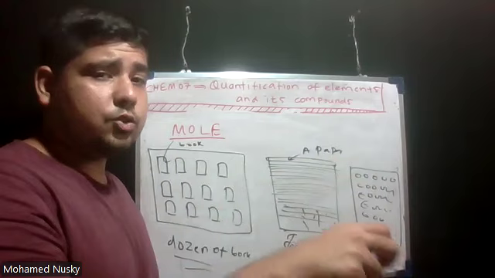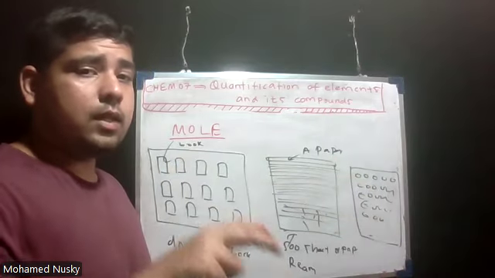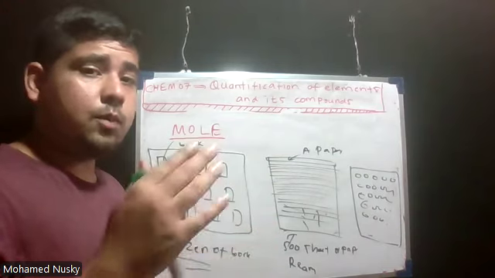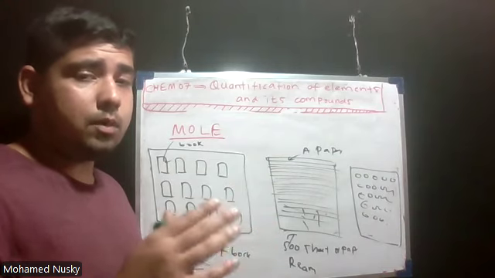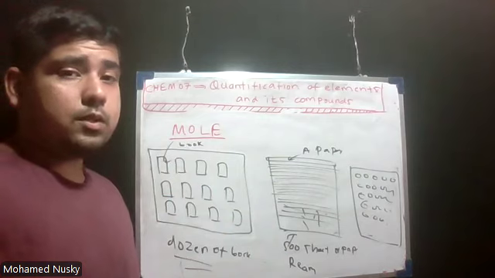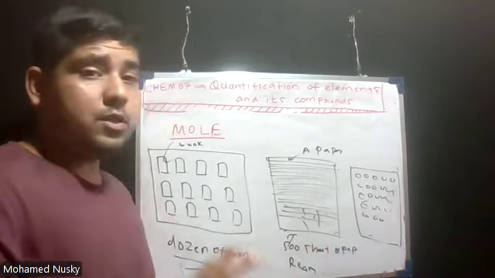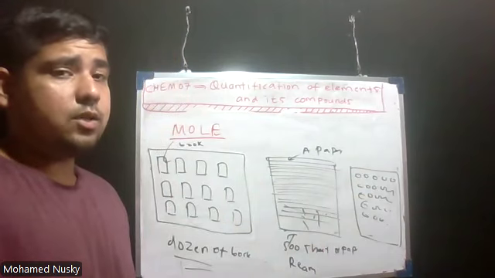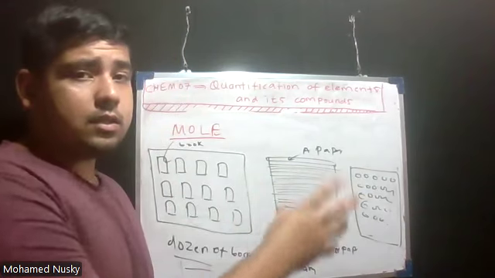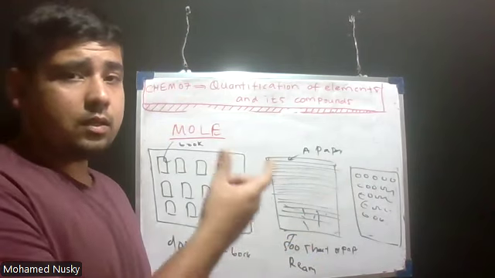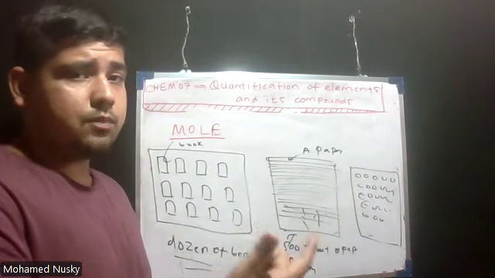If I take a 12 gram sample of carbon, how many atoms will be there? 6.022 into 10 to the power 23. 10 to the power 23 is a very large value. Therefore, there will be that many atoms. Likewise, if I take a certain number of atoms, then I must give a certain term.